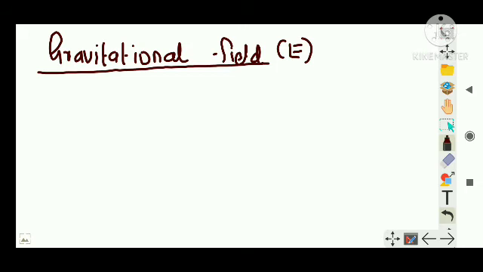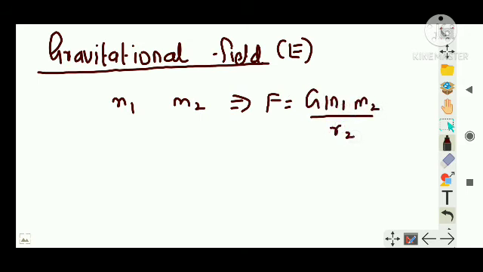See, we know that if there are two bodies m1 and m2, so they will be experiencing a law of attraction, right? And that force of attraction is given by F is equal to G m1 m2 by r squared, right? Clear? Where r is the distance between them, right? We have talked about it.